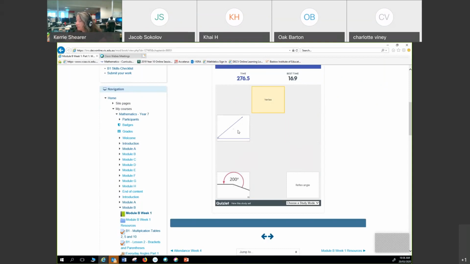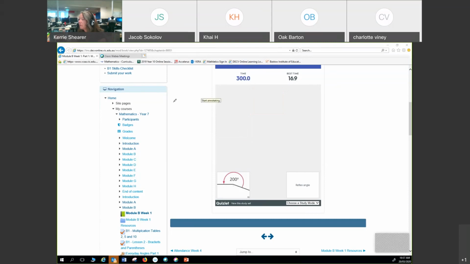That leaves me with an angle that we haven't talked about yet, and it's a reflex angle. So this reflex angle is more than 180 degrees. So they're tricky to measure unless you have a 360 protractor, or you need to think about a way that you could measure it.